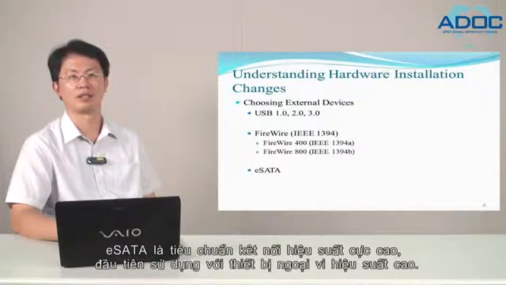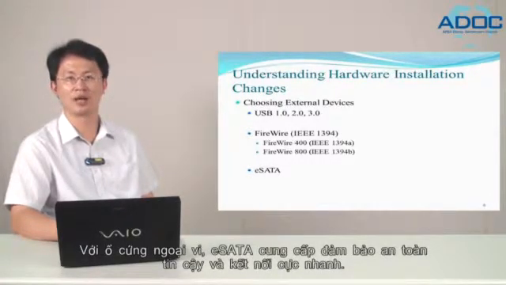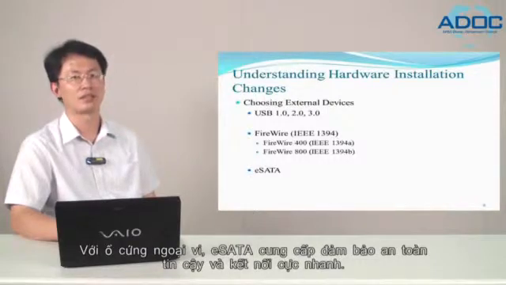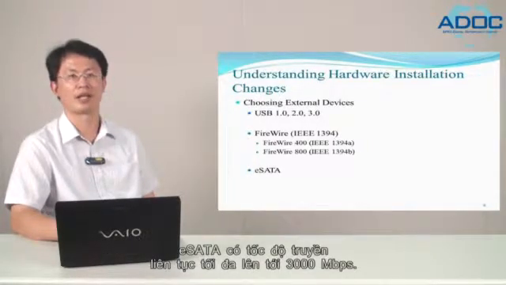External serial ATA, or eSATA, is an ultra-high performance connection standard, primarily used with high-performance external devices. With external hard drives, eSATA provides a secure, reliable, and ultra-fast connection. eSATA has maximum sustained transfer rates of up to 3,000 megabits per second.